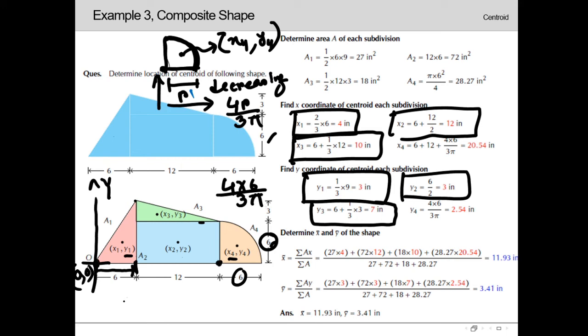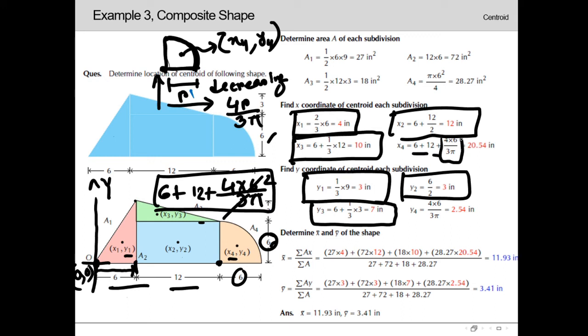As 0, 0 is the starting point, it will be 6 plus 12 plus 4 into 6 divided by 3 pi. In total it will be 20.54 inch.